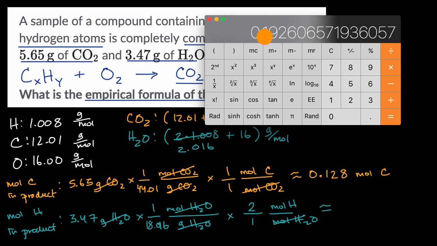This is how many moles of water I have. And now for every molecule of water, I have 2 hydrogens. So then I will multiply by 2, and rounding to 3 digits, that is 0.385.